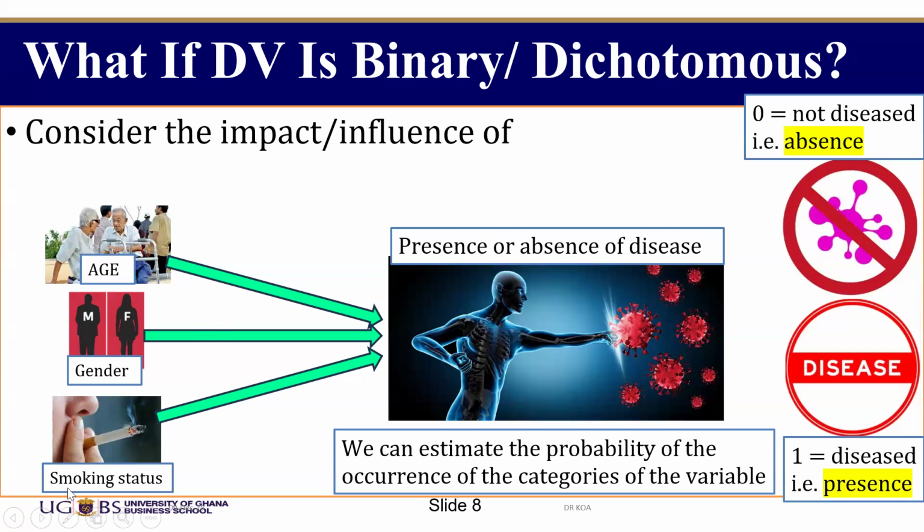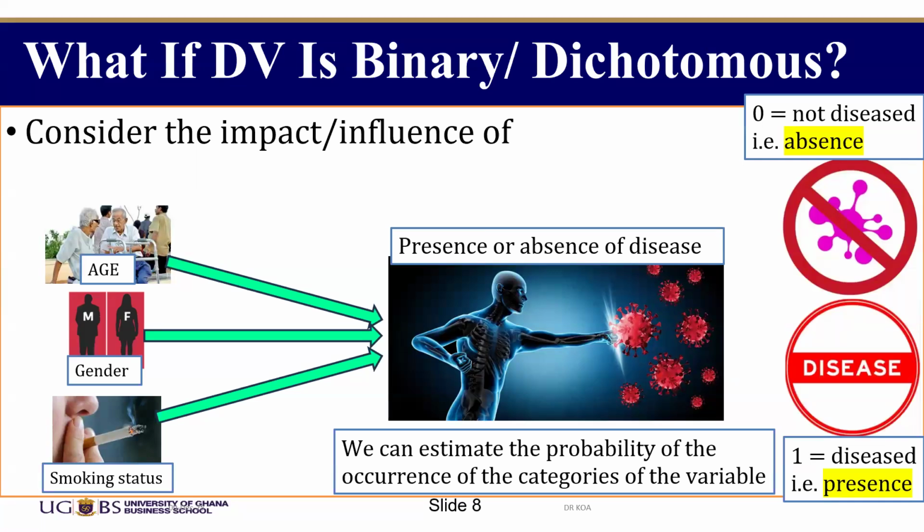Good. Smoking status: whether you smoke or not. Remember, these are binary. It's only age that is not binary. Whether you smoke or not will have an effect on the presence or absence of disease. It depends on what kind of smoke. So let's assume that a person smokes.